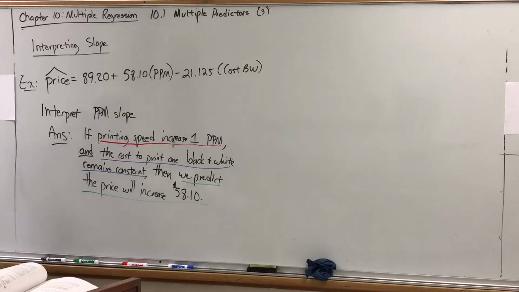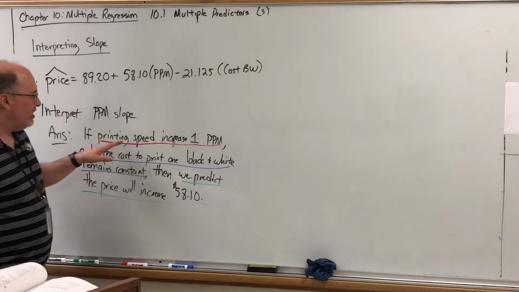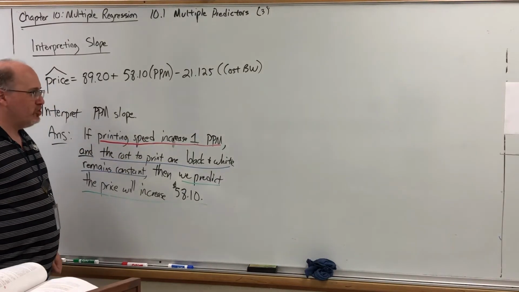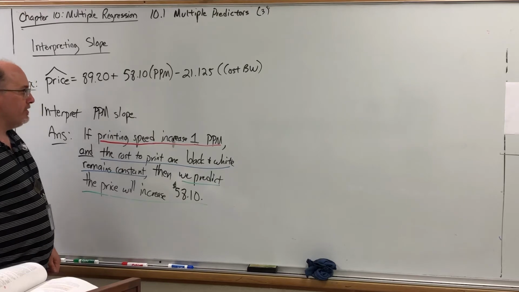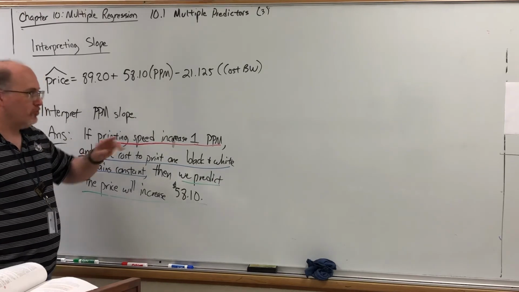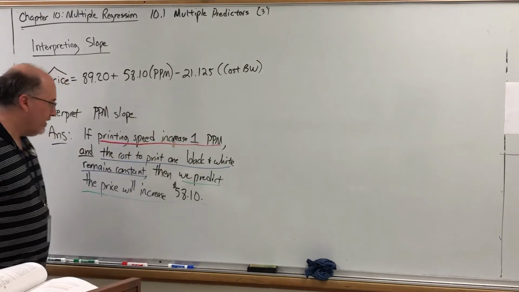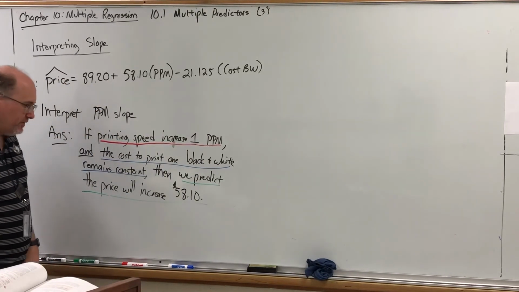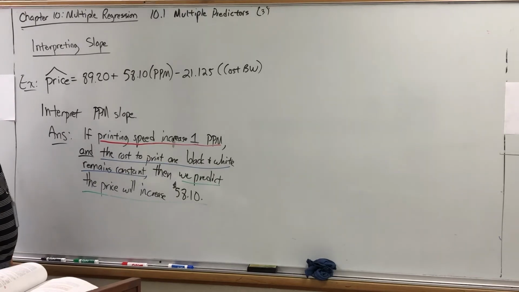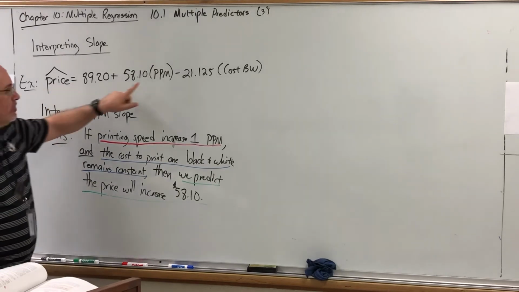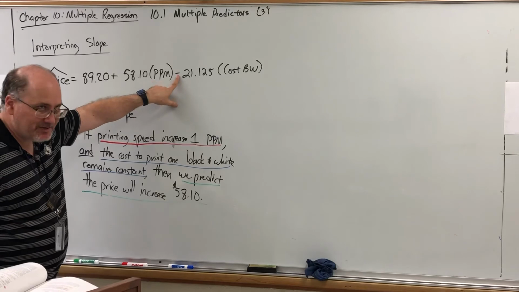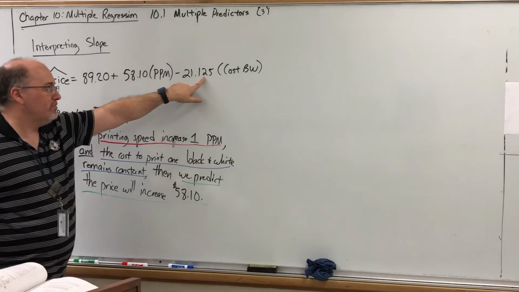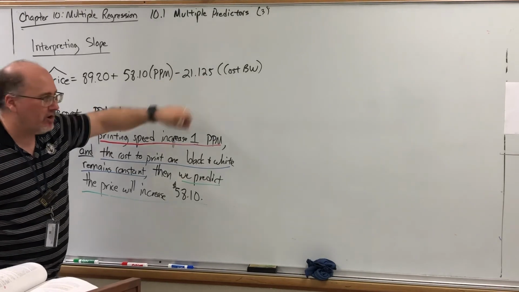Well, it would pretty much sound the same, except you would say if the cost to print one black and white page increases by 1 cent, because remember this is measuring in cents, and the printing speed remains constant, then we predict the price to decrease $21.13 if we round it off.